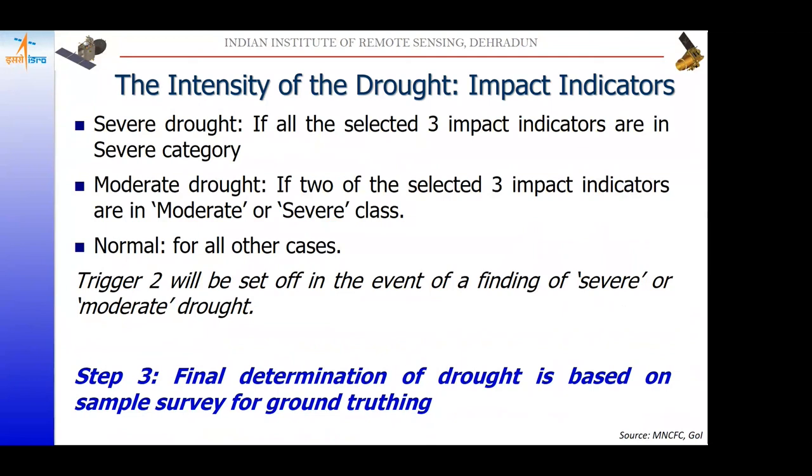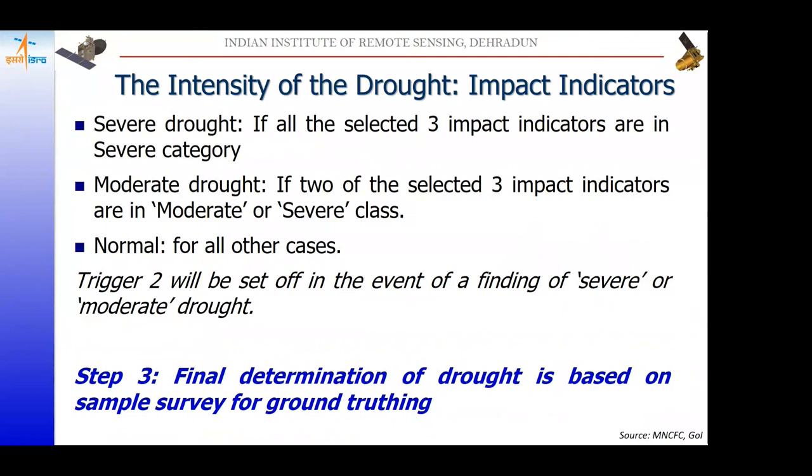If out of the indicators, 1 or 2 are defined as moderate or severe class, it is a situation of moderate drought. In case of normal, all other cases are classified as a normal situation in terms of intensity of drought based on the impact indicators. So if drought trigger 2 is set off, then the condition to find out is the level of severe drought or moderate drought.